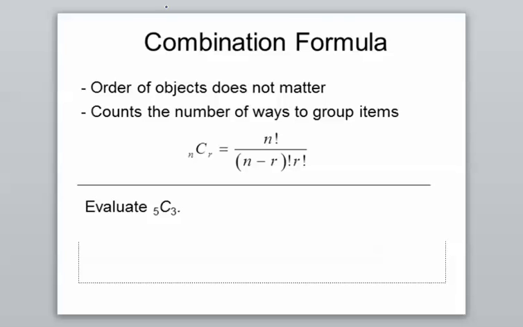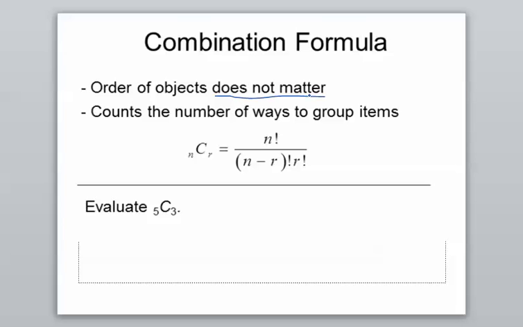Combinations is when I take objects and I'm selecting them out, but order does not matter. What would be a situation where the order doesn't matter? Oh, I know. I go to a pizza restaurant and it has a buffet of pizzas there, and I can pick any five slices of pizza that I want to put on my plate.